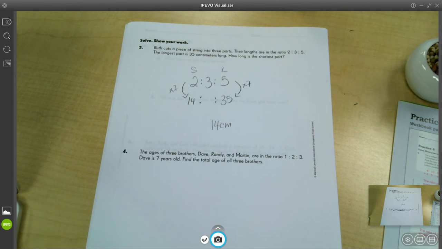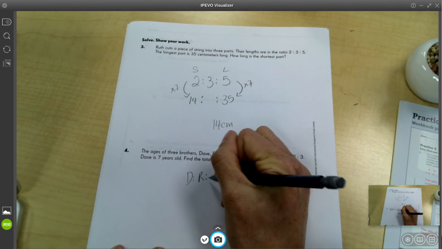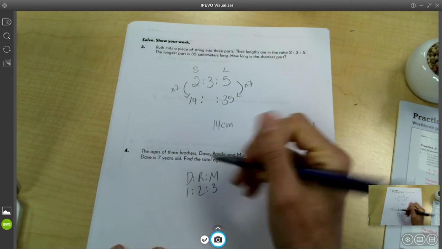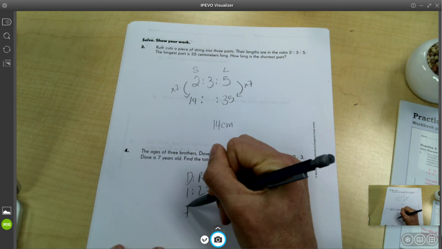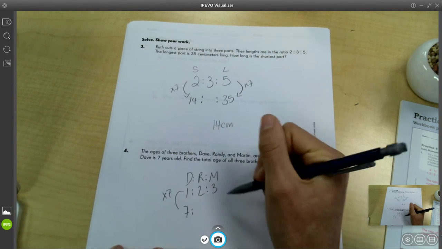All right. The ages of 3 brothers, Dave, Randy, and Martin, are in the ratio 1 to 2 to 3. Dave is 7 years old. Find the total of all 3 brothers. So Dave to Randy to Martin, 1 to 2 to 3. If Dave is 7, we're finding equivalent ratios. 1 times 7 is 7.